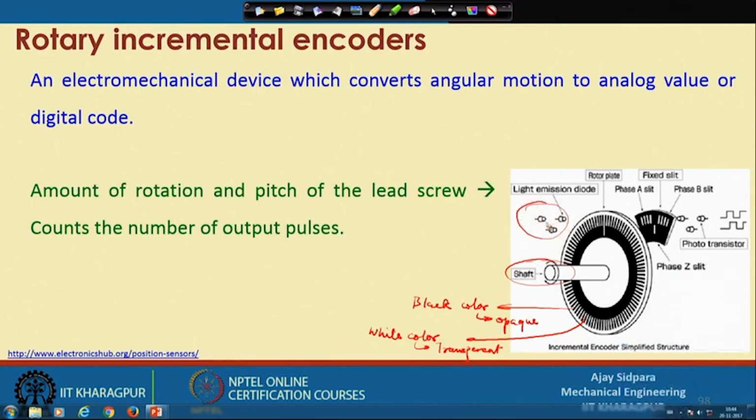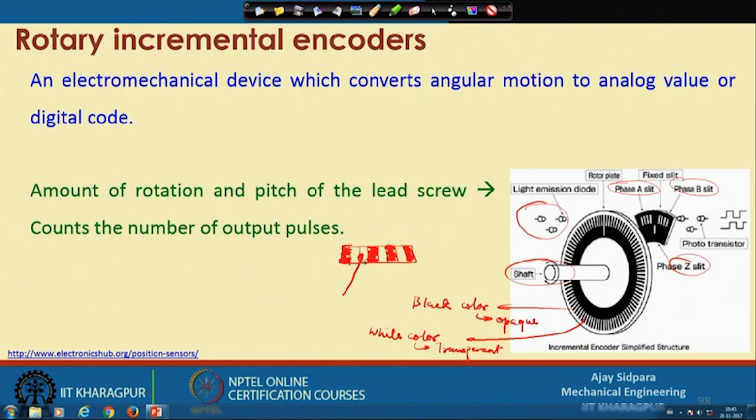It has a light source, and we have slit A, slit B and slit Z, correct. Now consider this situation, where these are the opaque and the transparent regions. Light is passing through this part.